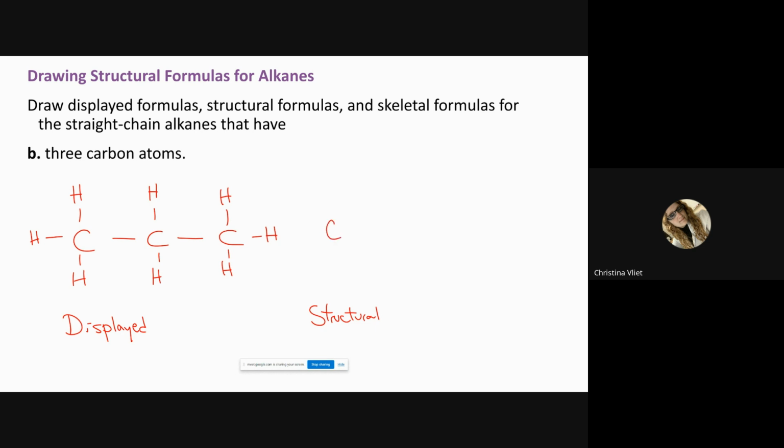C, and instead of writing all the bonds, you just write 1, 2, 3 hydrogens attached. So you write it as CH3. The next one in the line, you write as CH2. And the last one here, you write as CH3. That's structural.